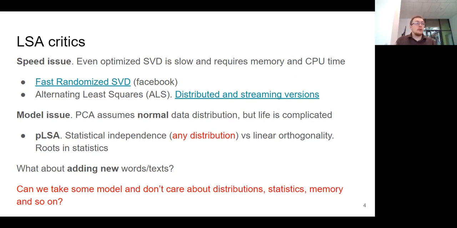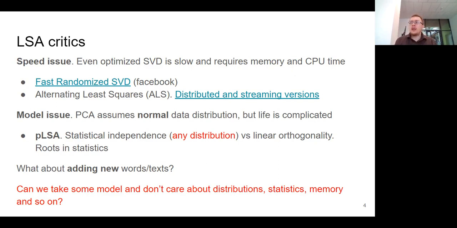So SVD is done once, and you can just fine-tune it. Some models have so many assumptions about the things. And can we just be like normal engineers? Can we be just like people who don't care about statistics and mathematics, which is hard to think about?